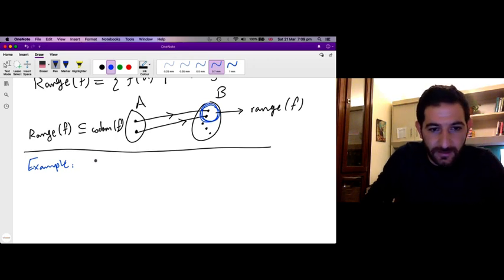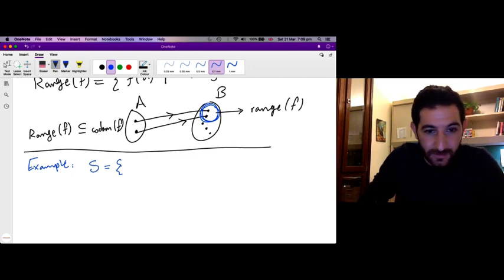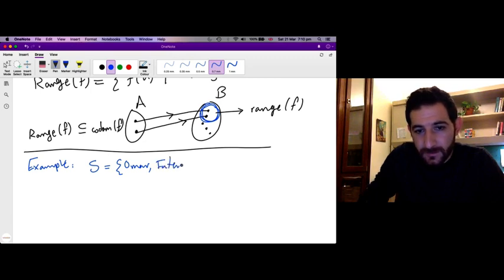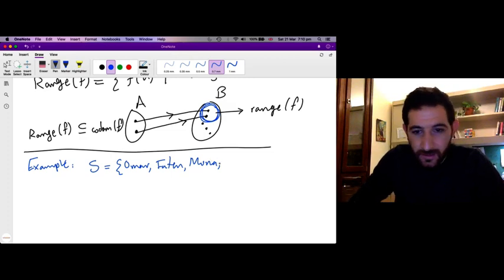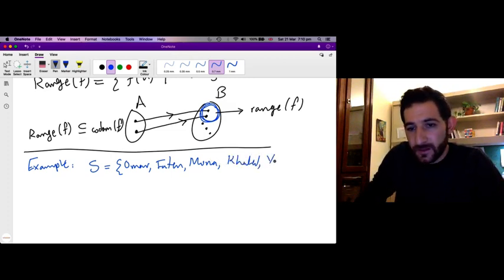The first set is S, and S contains 6 names. The first name is Omar, the second name is Fatin, and then Muna, and then Khaled, Yasmin, and finally Hind.